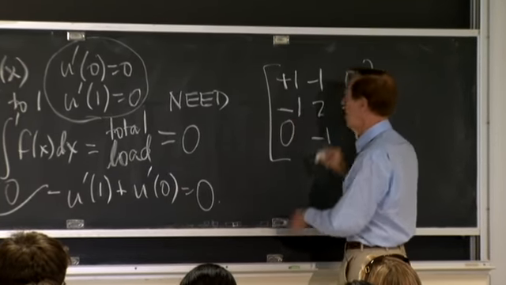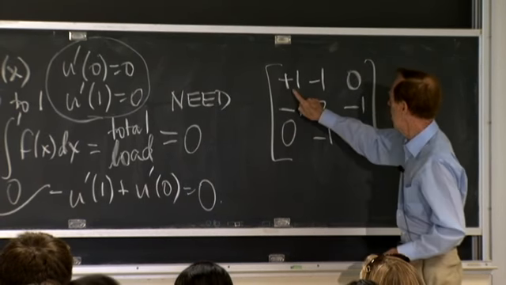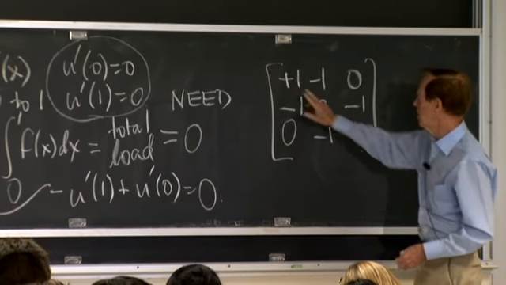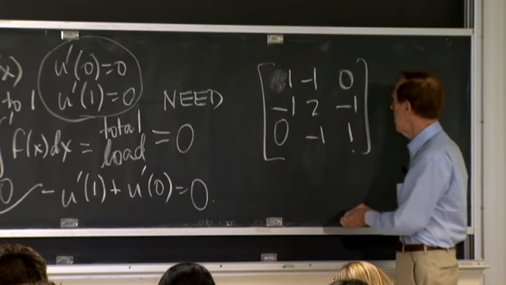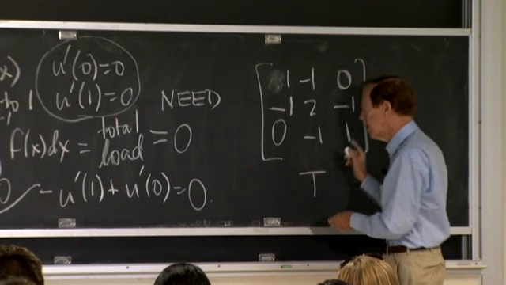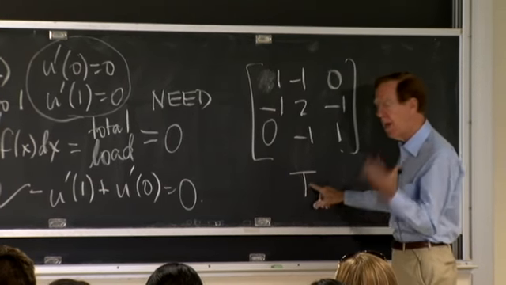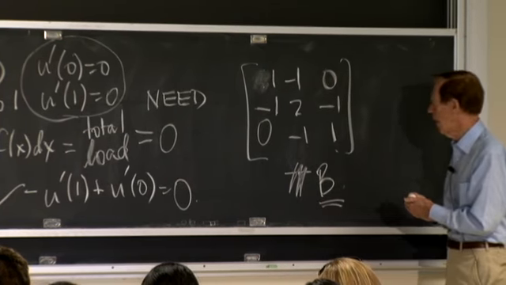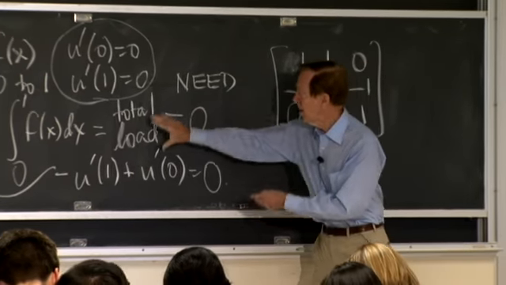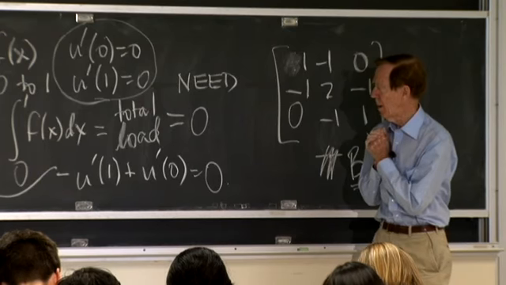This is the discrete version with a 0 slope at both ends. It's our B matrix, both ends. Okay. So I'll just come back here and then I'll do the discrete one.